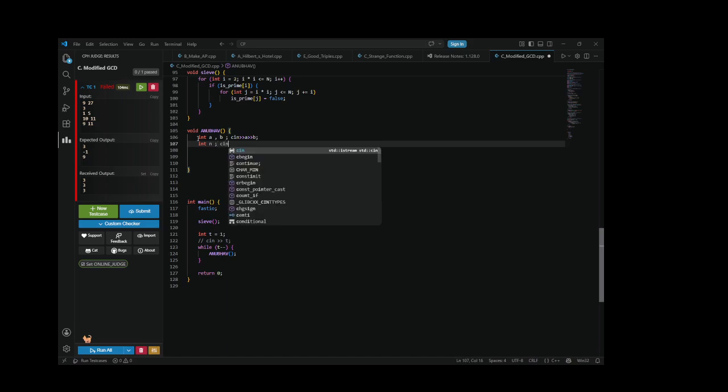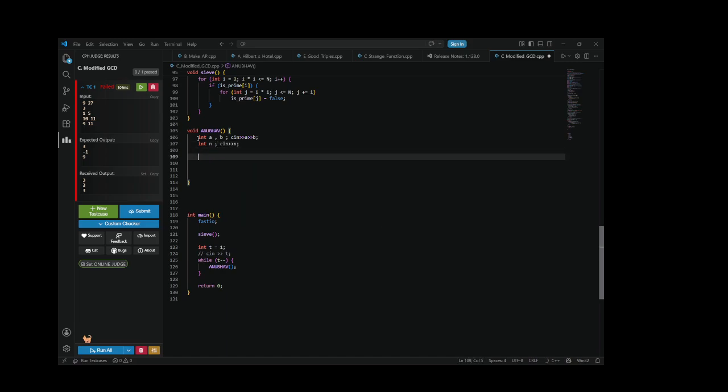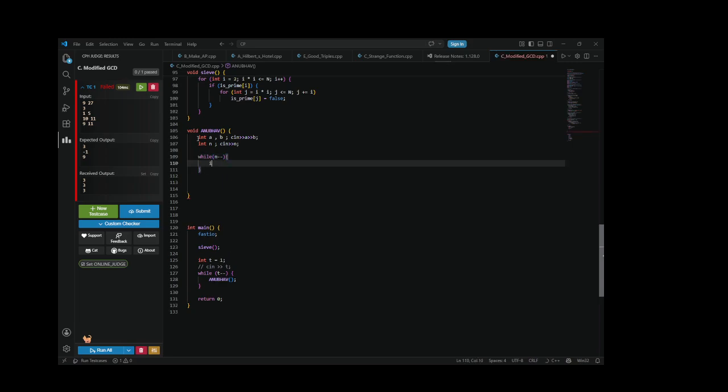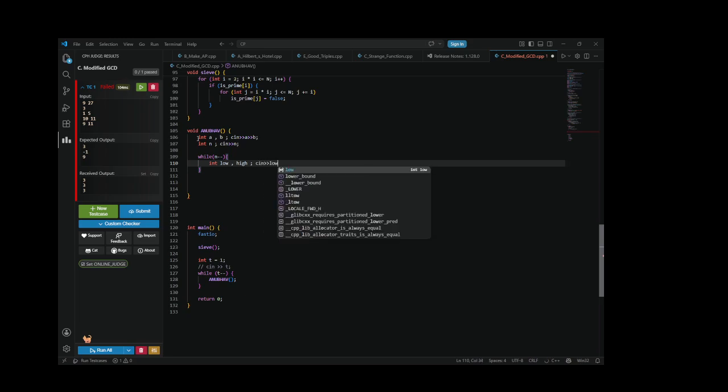So int n, we have taken the inputs, and for as n decreases, we are given int low and high, right?